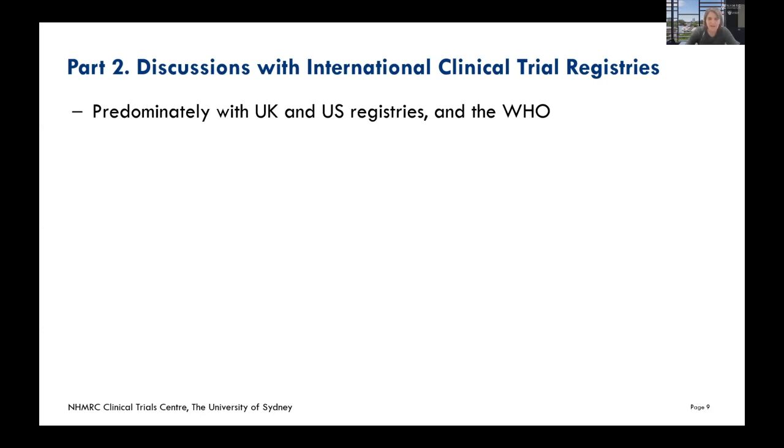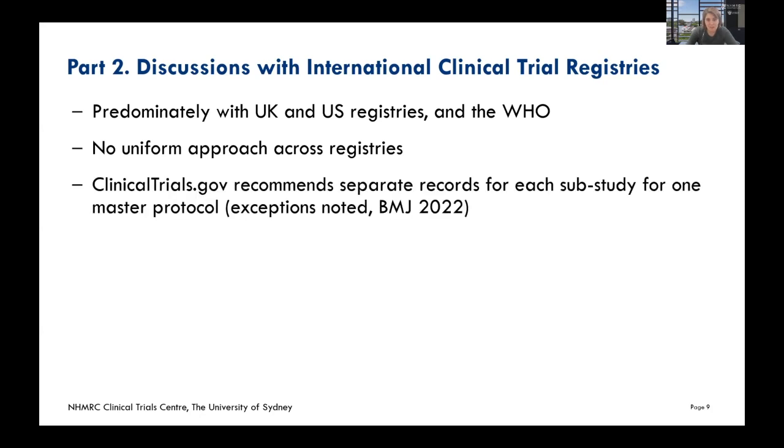It was clear from these discussions that there's no uniform approach across the registries. The US-based clinicaltrials.gov registry has published an article that recommends separate registrations for each sub-study for one master protocol, and they highlight that there are some exceptions to this rule.